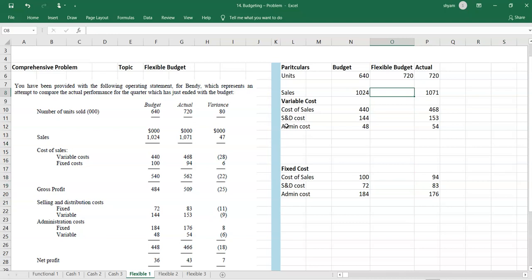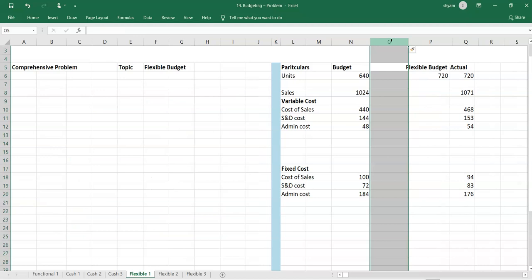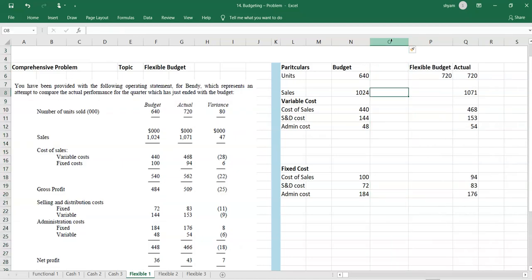So now we have to get the flexible numbers. So how do we work out the flexible numbers? We have to do calculation. We'll do the calculation here itself. We don't need to do it in a separate place. To do a calculation, it works like this. The sales amount is 1024, but this is for 640 units.